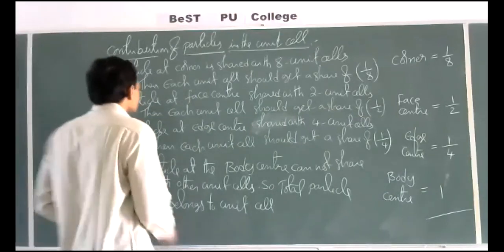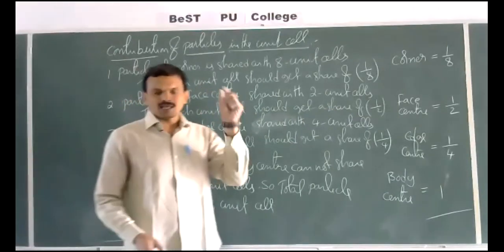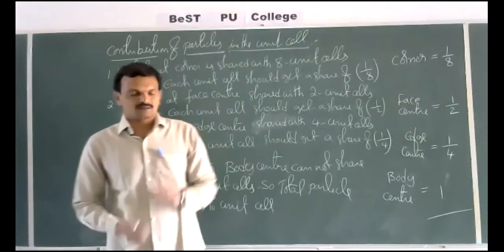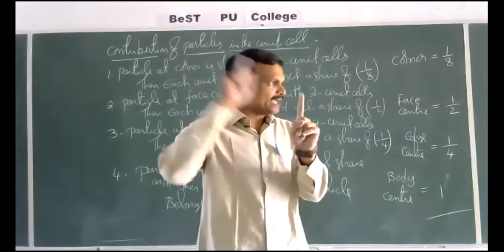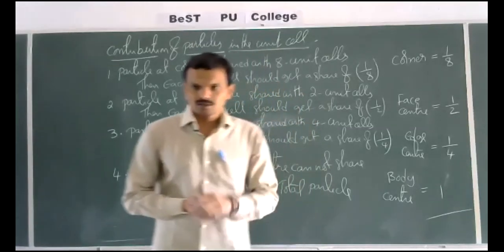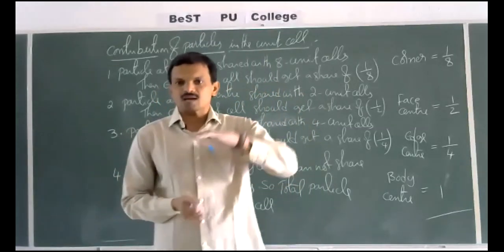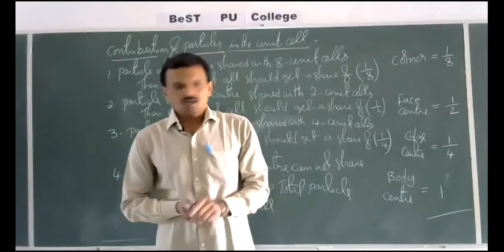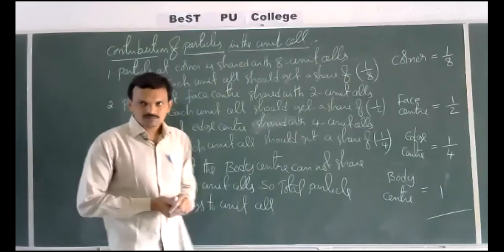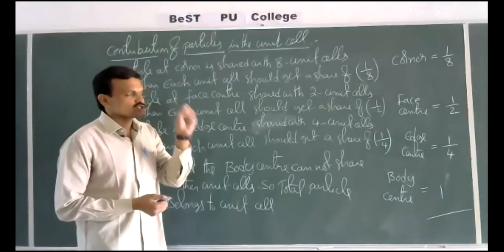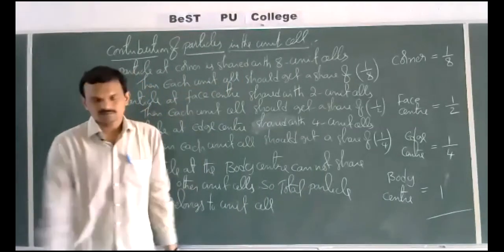See once again. If a particle is present at the corner, a corner particle is shared with 8 unit cells. Within the plane with 4 unit cells, above the plane 4 unit cells. Total with 8 unit cells, the corner particle is shared. Then each unit cell should get a share of 1/8.